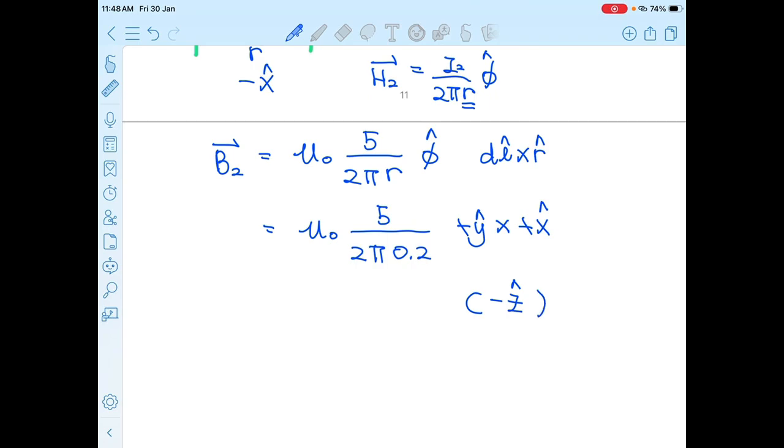Alright, so what will be the value? So 5 over, okay, so it will be 5 times 10 to the negative 6. So this one, okay, this one is 5 times 10 to the negative 6.